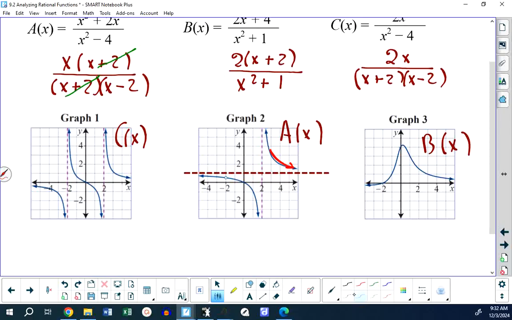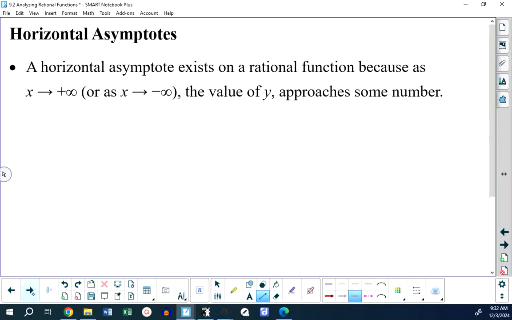If you take a look at graph C of x, as x approaches infinity, or as x approaches negative infinity, y approaches 0, which means there's a horizontal asymptote at y equals 0. Okay? So, a horizontal asymptote exists on a rational function because as x gets really large, the value of y approaches some number.